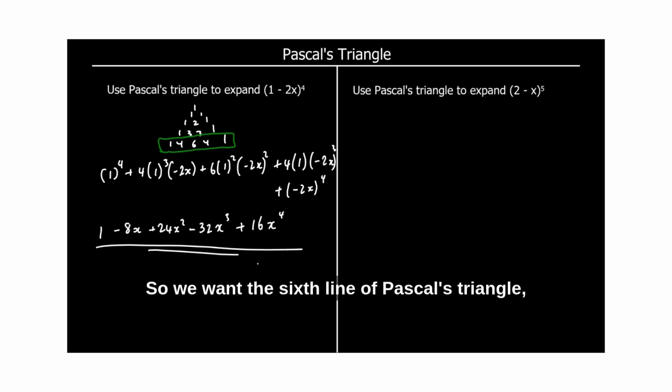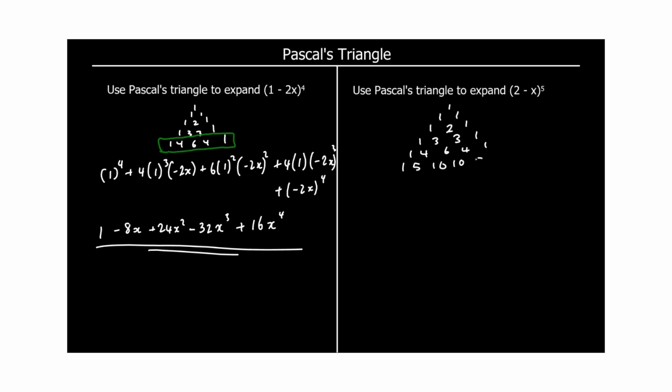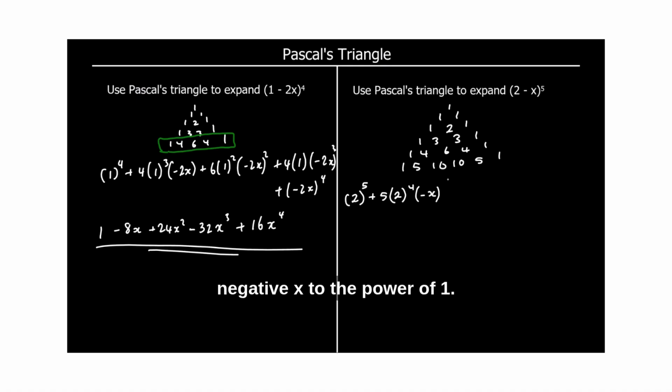So we want the sixth line of Pascal's triangle. That's our power of 5, because it's power of 0, power of 1, power of 2, power of 3, the power of 4, and then the power of 5. So 1, 5, 10, 10, 5, 1. So we have 2 to the power of 5, plus 5 times 2 to the power of 4 times negative x to the power of 1.